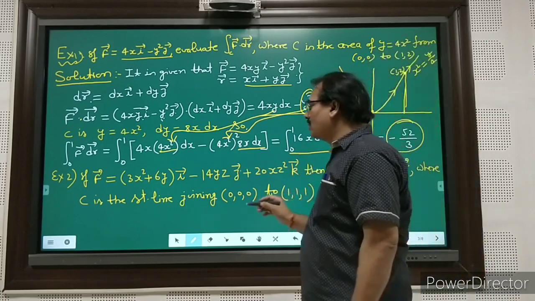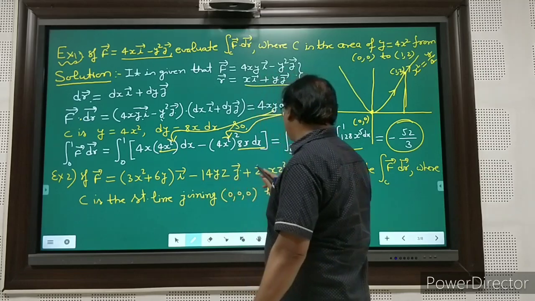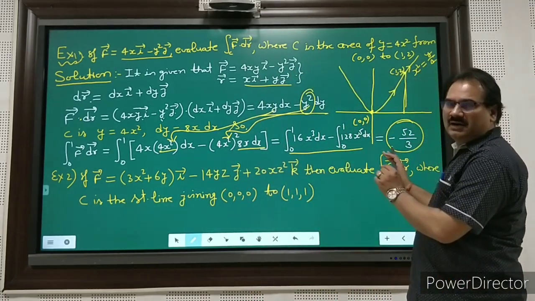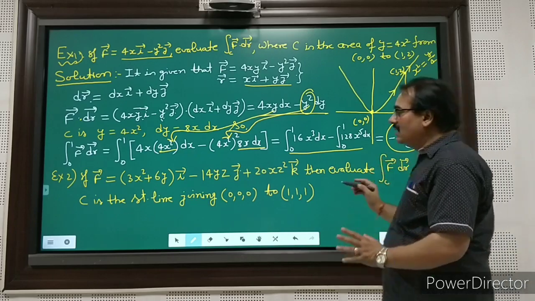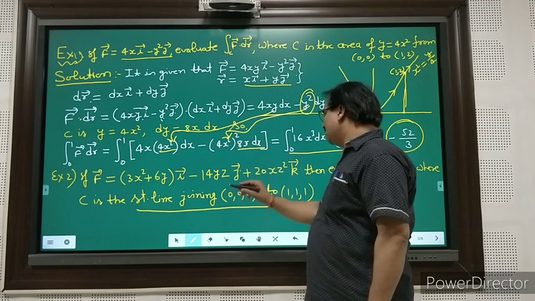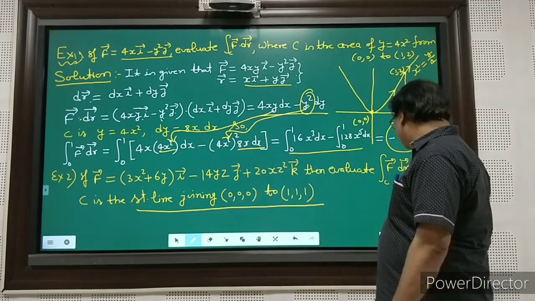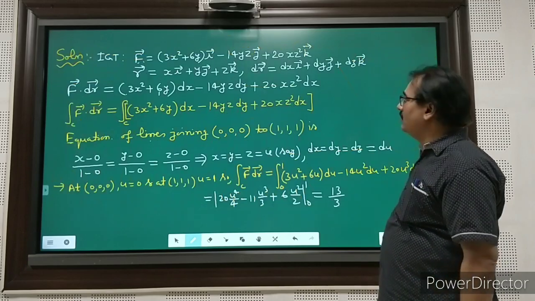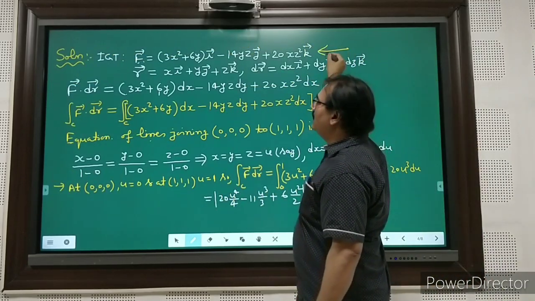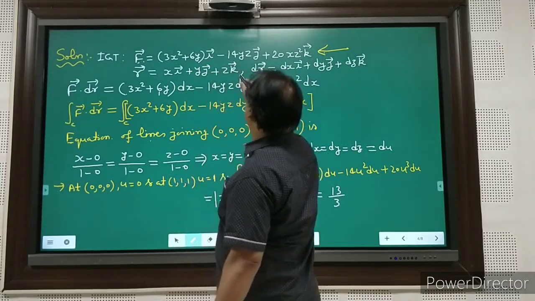Second, if you look at the example, if F is this, that is already given, then evaluate this. The question is a little bit changed. If here C is the straight line joining the points (0, 0, 0) and (1, 1, 1), then how will you evaluate? Just look, F is already given, and r you can write as xi plus yj plus zk.